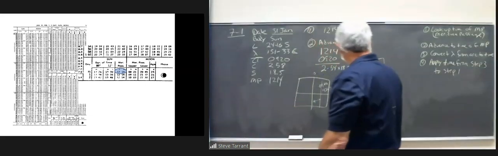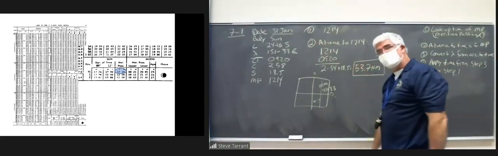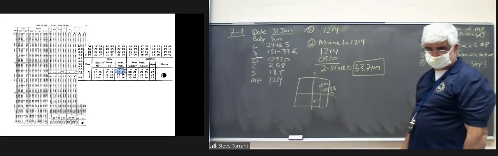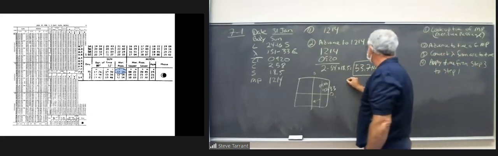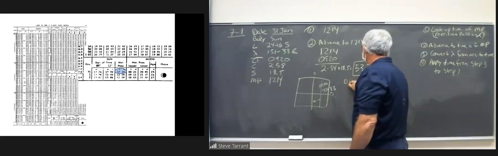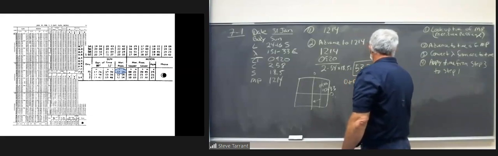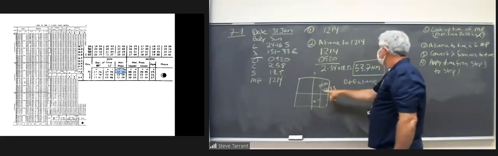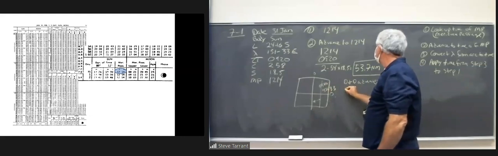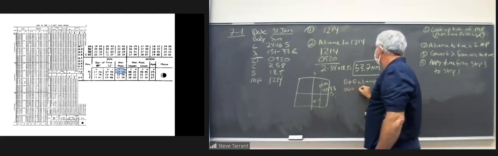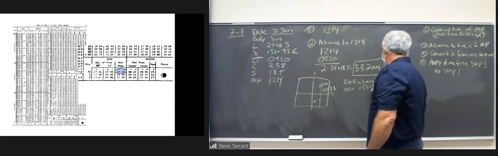Okay, so if I'm doing the down and dirty, I'm going to subtract it. So what I'm going to do now is the down and dirty advance. D and D advance. Okay, at 0920, I've got 151.33.